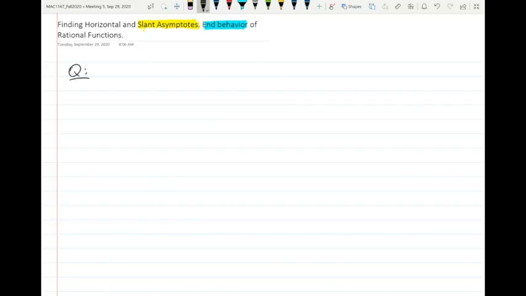So the general question that we are asking here is, what is the end behavior of a rational function? We did one example at the beginning today. Okay, so let's see.